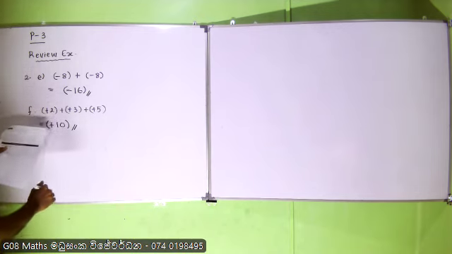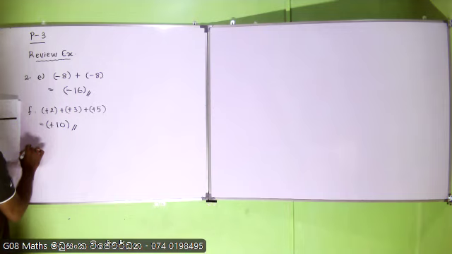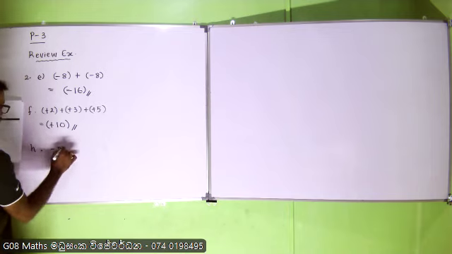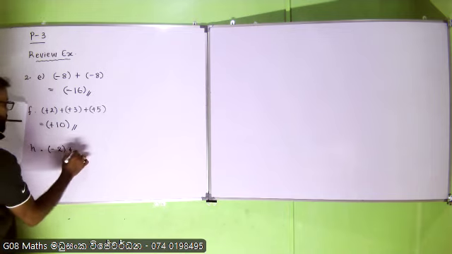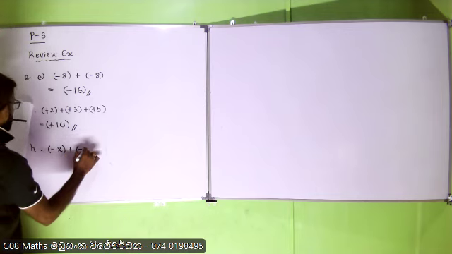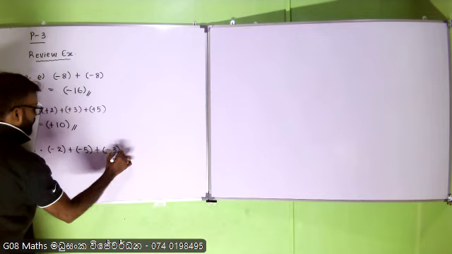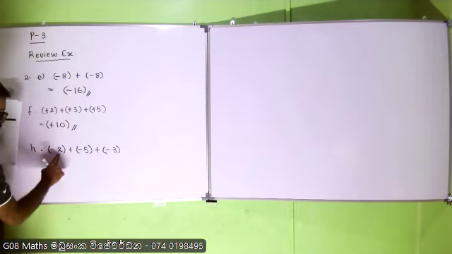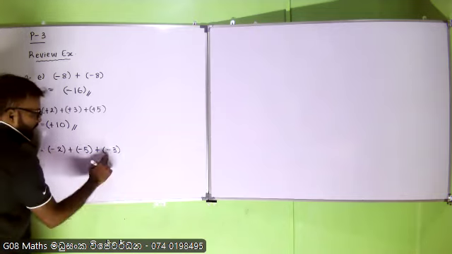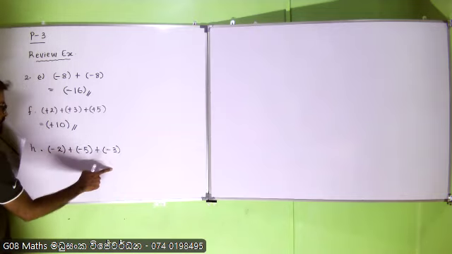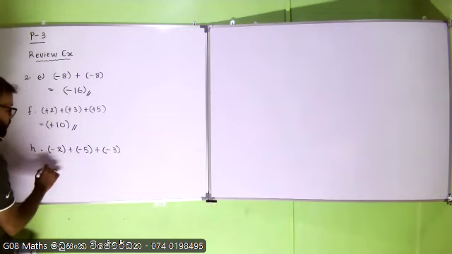Then I will do H, because H and G are same. -2. You have to do the addition. Doesn't matter, -5 and -3. Negative numbers, addition. How are we going to do it?